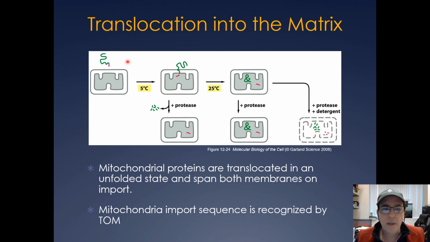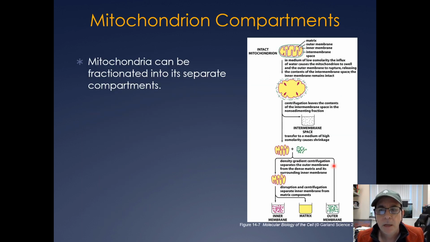So using this type of assay in combination with mutant mitochondria and the TIM and the TOM complex, they've really been able to work out exactly the mechanisms of import and export. They can do that with energy chelators and things like that.